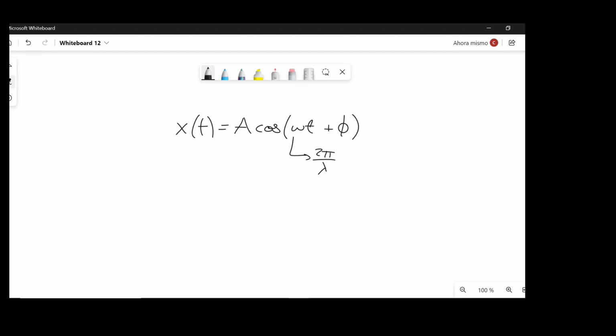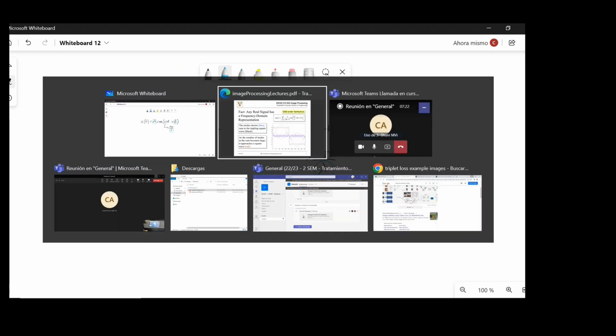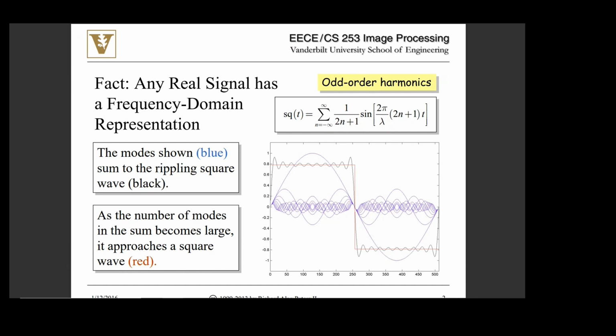Lambda is the wavelength, and omega is the frequency. So the three things that you can control are the amplitude, the frequency, and the phase. Frequency and wavelength are related. They tell you what is the separation between peaks.